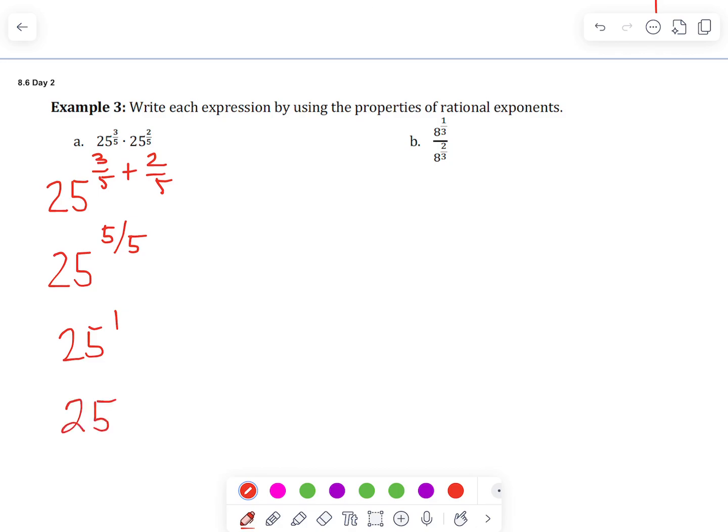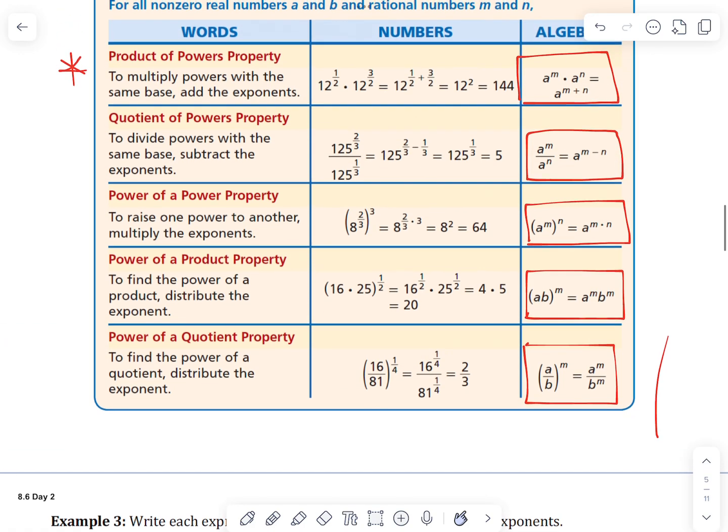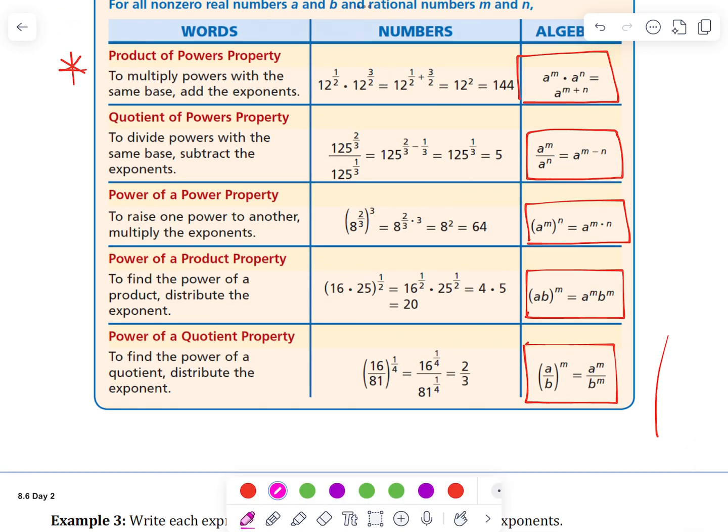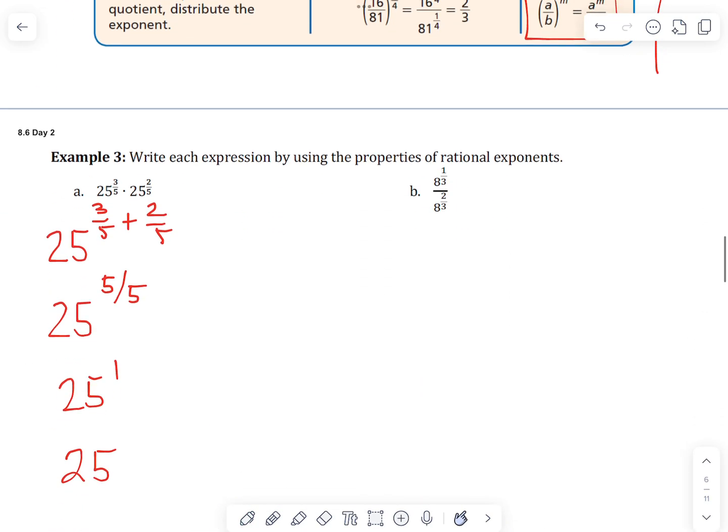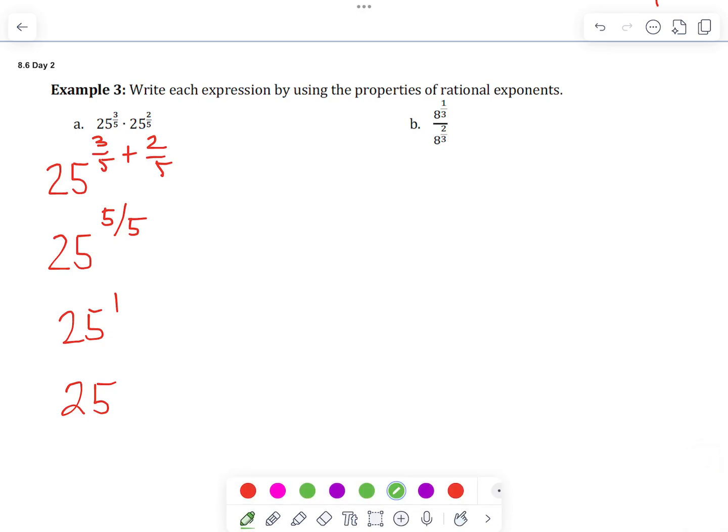The second one, our bases are the same, but now we're dividing, so we call that the quotient. So the property we are going to use is right here, called the quotient of powers. We're going to subtract those powers. So 8 raised to the 1/3 minus 2/3. So 1/3 minus 2/3 is negative 1/3.